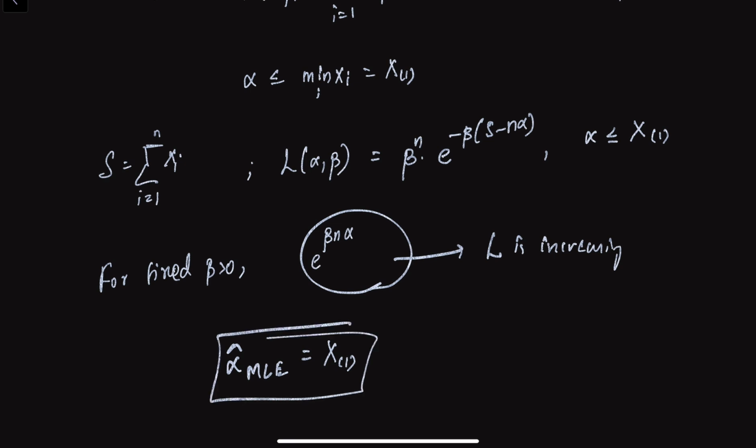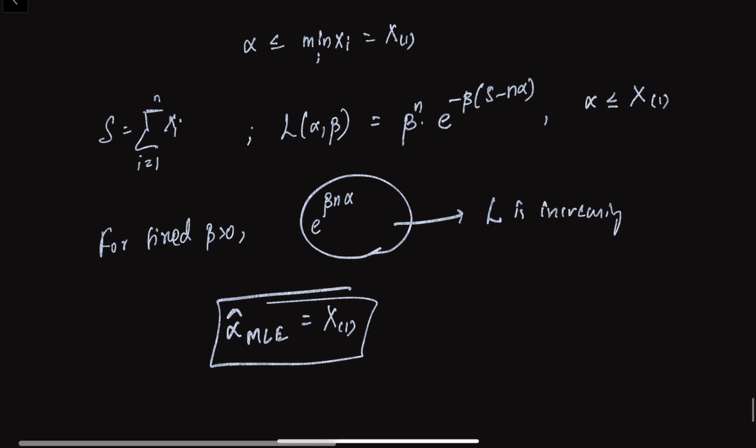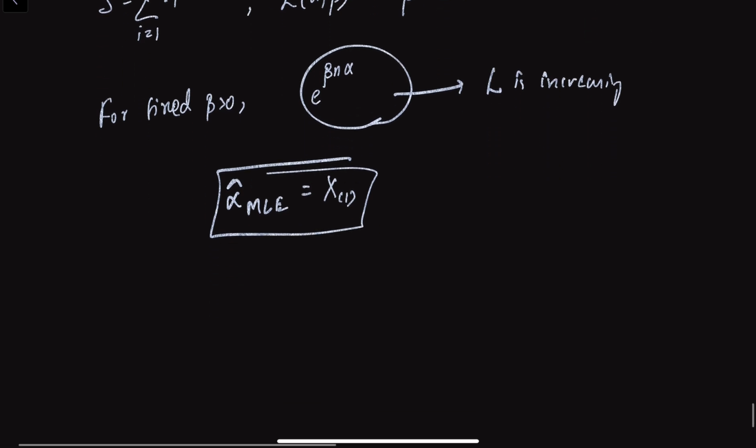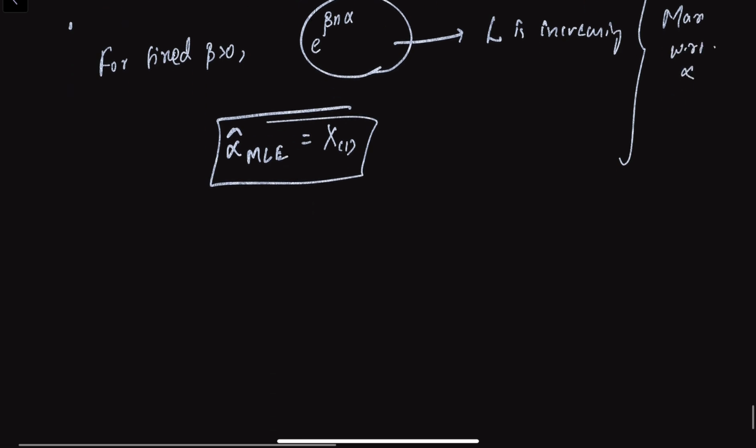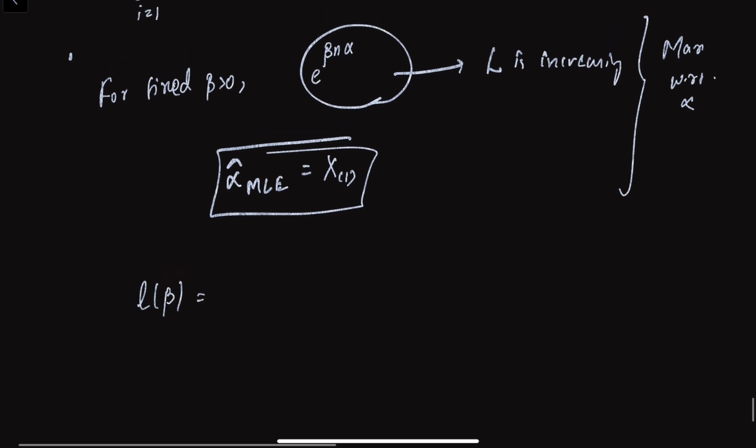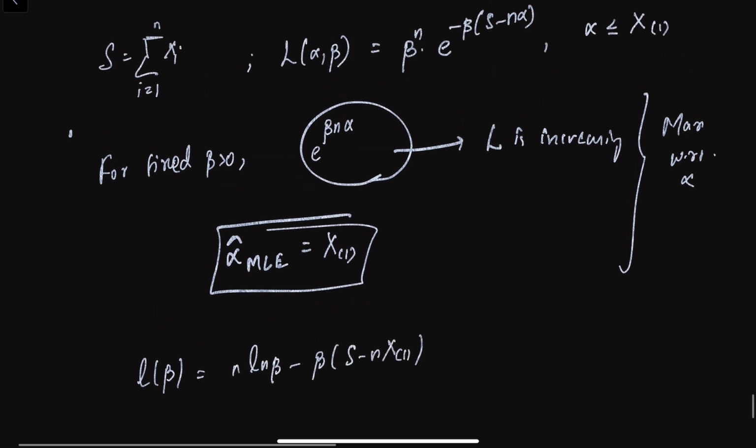This is the maximization with respect to alpha. Now if we maximize with respect to beta, I take the log likelihood after substituting alpha equal to x of 1, the first order statistic, so that is n ln beta minus beta into (s minus n x of 1). This is the log likelihood of this particular function.